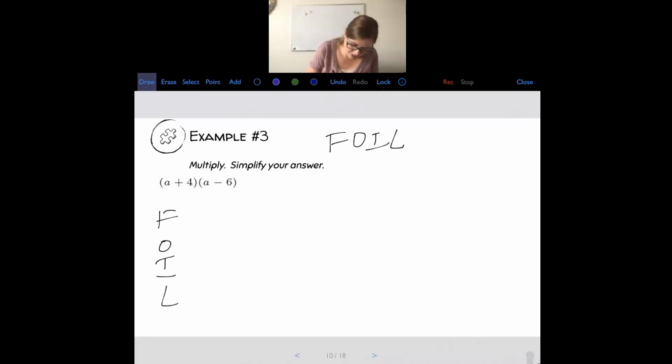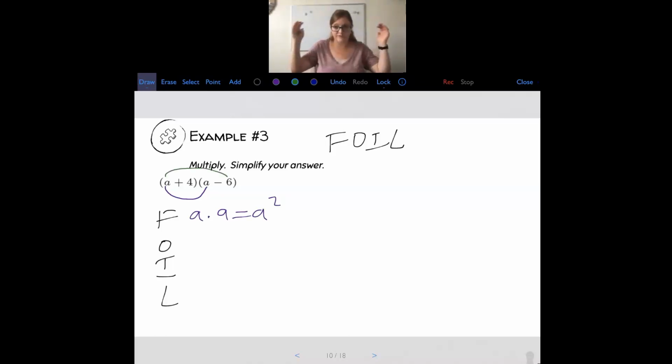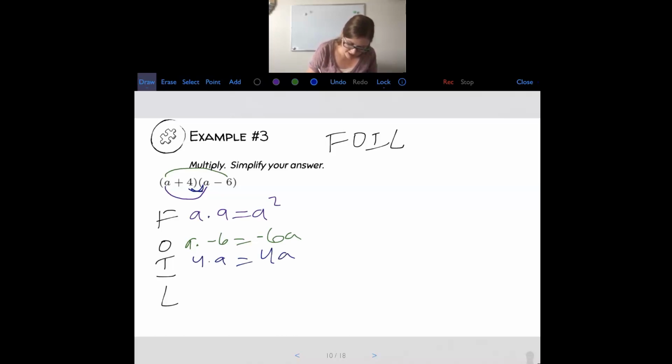So the first terms would be the first term in the first set of parentheses times the first term in the second, and you're multiplying those together. So this is a times a, which is a squared. O stands for outside, so the two outer terms on the very outside. So this is a times negative 6, which is negative 6a. Inside means our inner terms, so this is 4 times a, which is 4a.